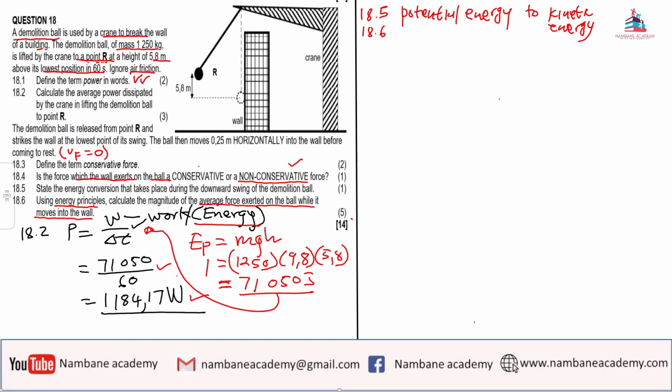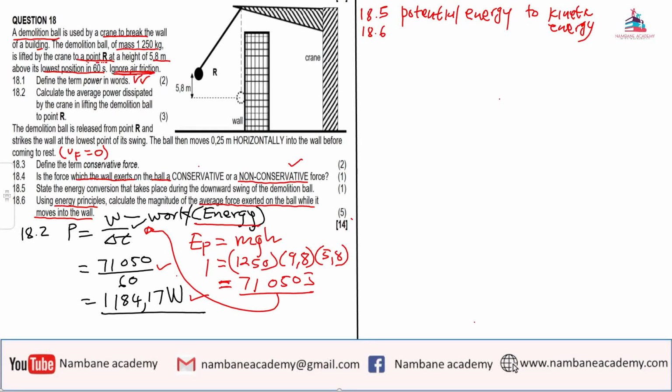Now, we do not have friction. We're told to ignore air friction. So once the examiner says ignore air friction, what is the examiner saying? The examiner is saying we can use conservation of mechanical energy.